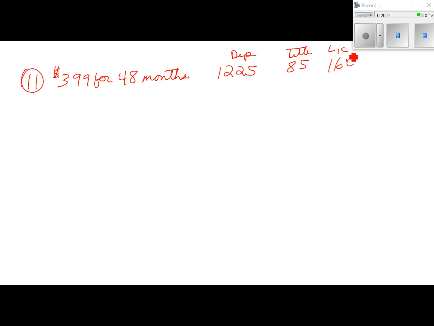After 48 months, the sedan will be worth $4,117. That's just what it's going to be worth. See if we need that here in a minute. Oh, I'm sorry, that's the wrong problem. I looked at the wrong problem again.